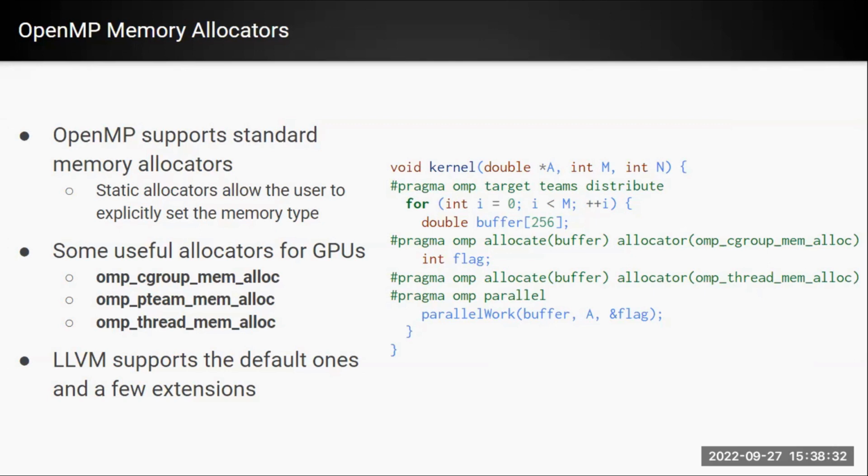So the one I'm missing is, these are cool because they're inside the target region. The one that I keep looking for is when I want a variable to be global, a global memory, not shared and not thread local. Yeah. Right. I think by default, you get pretty much thread local on the flag there.